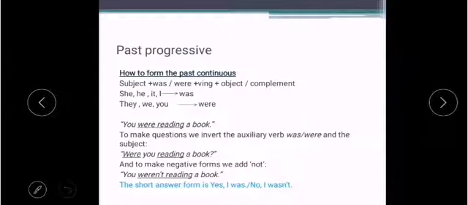For example, another example: she was helping her mom. كيف ممكن نحولها to question؟ How can I make it a question؟ Just flip. بدل she was، was she helping her mom؟ بتضل باقي الجملة زي ما هي as it is، بس ننقل ال was or were لبداية الجملة.